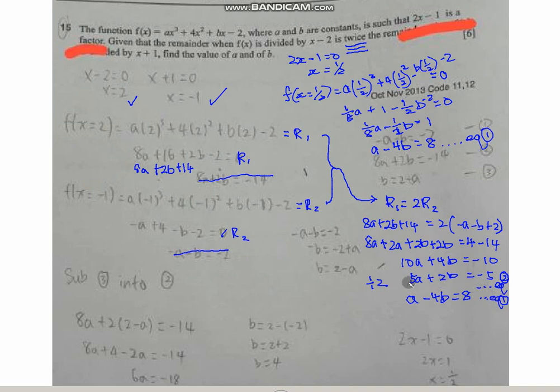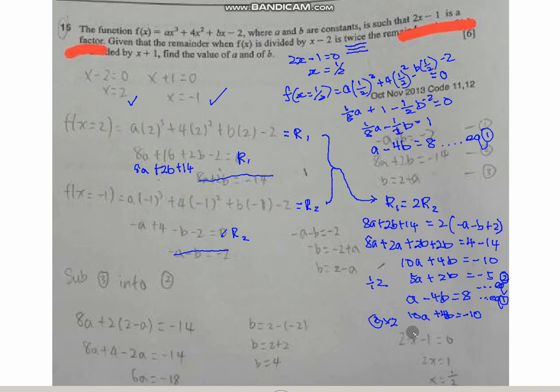Using the elimination method, let's multiply this by 2. We make equation 2 times 2, so this equation becomes 10a plus 4b equals minus 10.